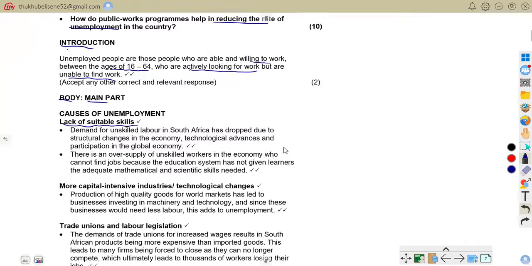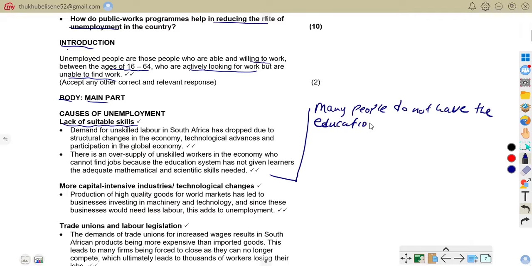With lack of suitable skills, it's because many people do not have the education or training needed for available jobs. That's what it means.